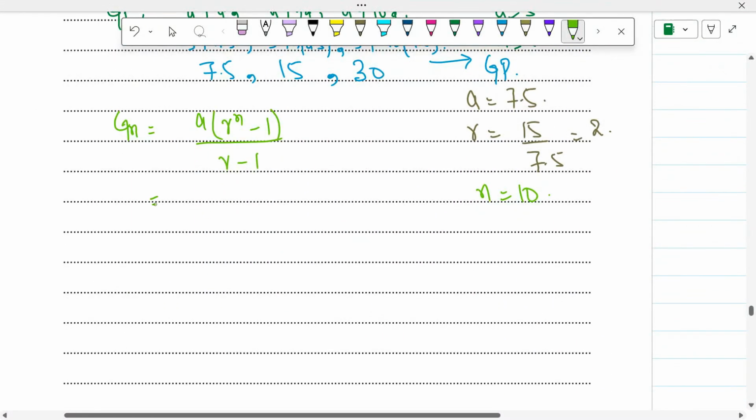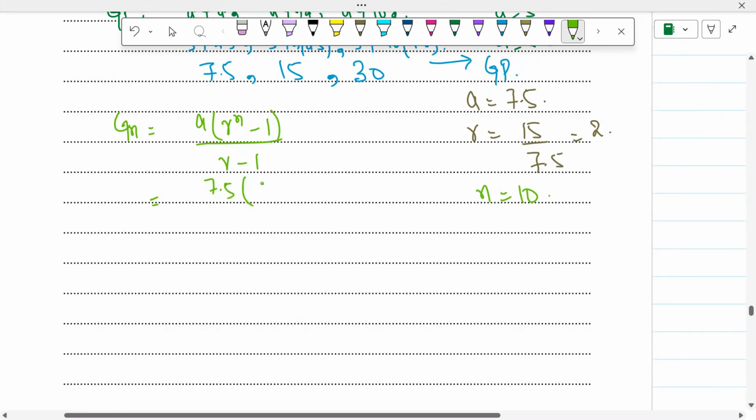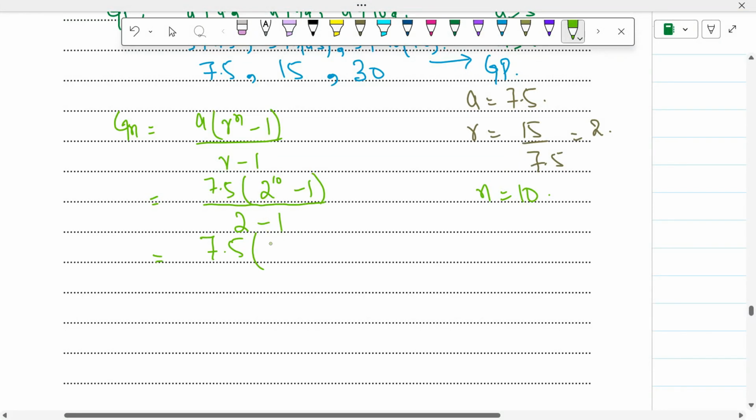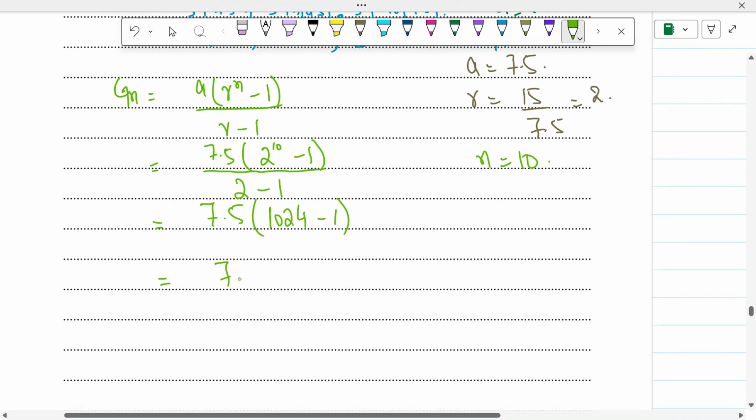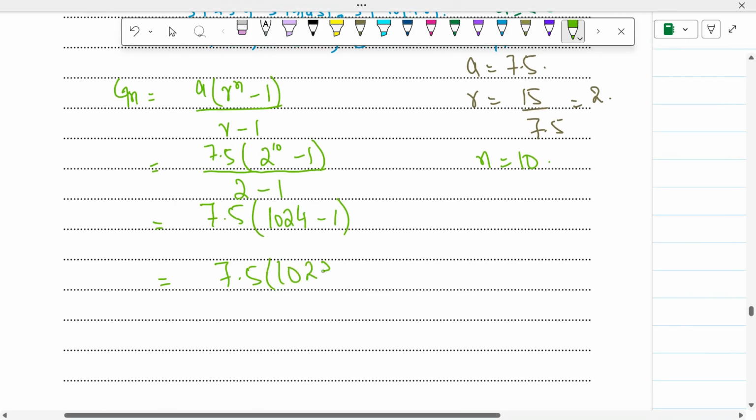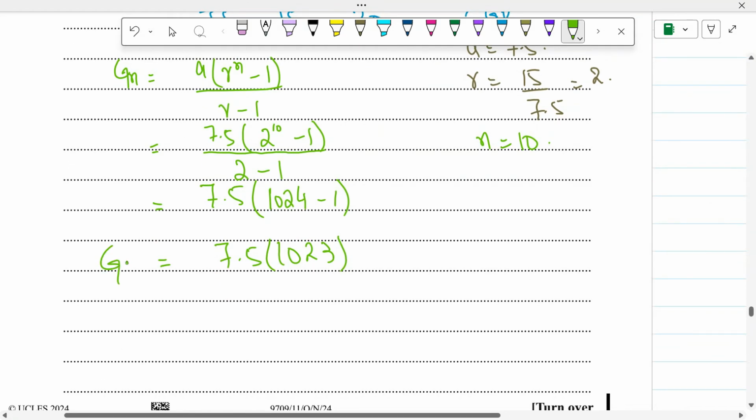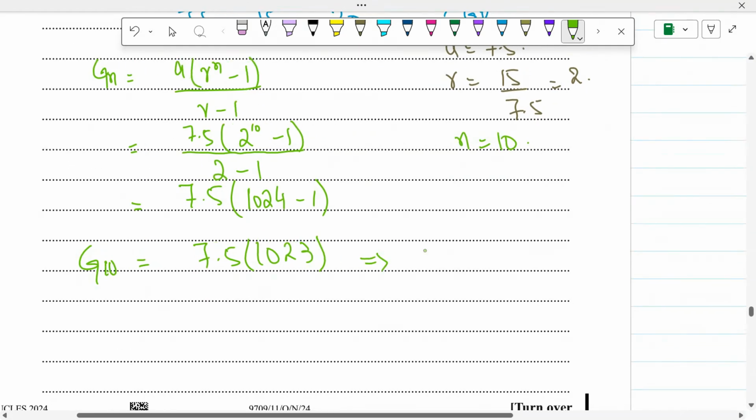So a, which is 7.5, times (r, which is 2, to the power of 10, minus 1) over (2 minus 1). So 2 to the power of 10 is 1024, minus 1, and this is equal to 7.5 times 1023. So this is G10, and it is equal to 7672.5.